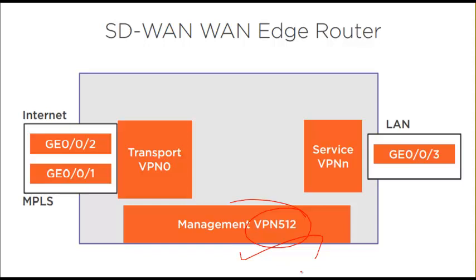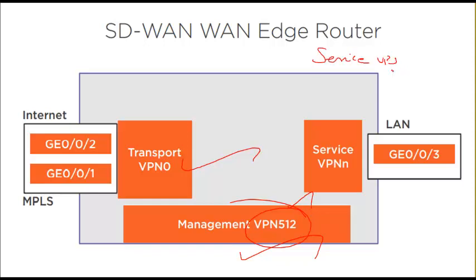So we have VPN 0, VPN 512, and all other VPN numbers other than 0 and 512 are used to carry data traffic across the SD-WAN overlay network. So all those VPNs other than 0 and 512 are called service VPNs.